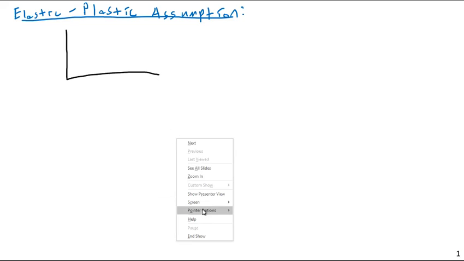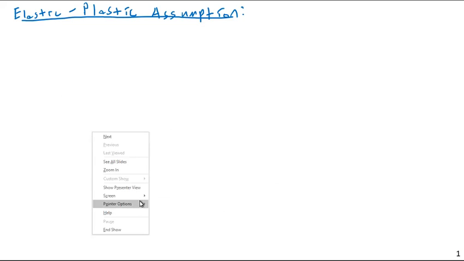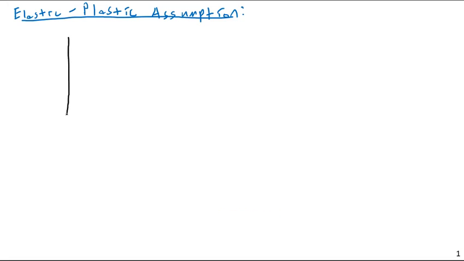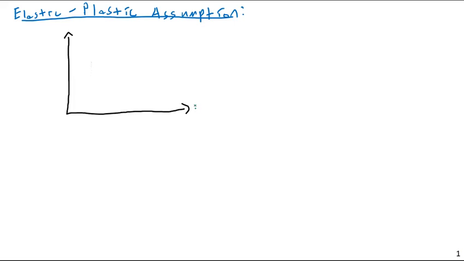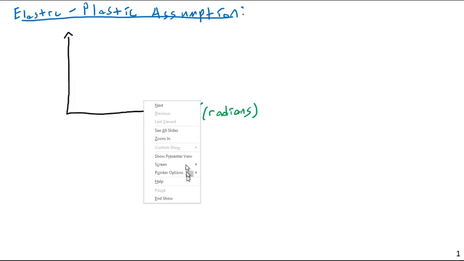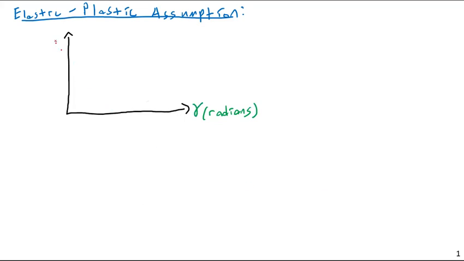Let me just fix this. Make it a little bit bigger so we can see what we're doing. Much better. All right, so on my x-axis, I'm going to have my angular strain gamma in radians, and on the y, I'm going to have shear stress, tau.